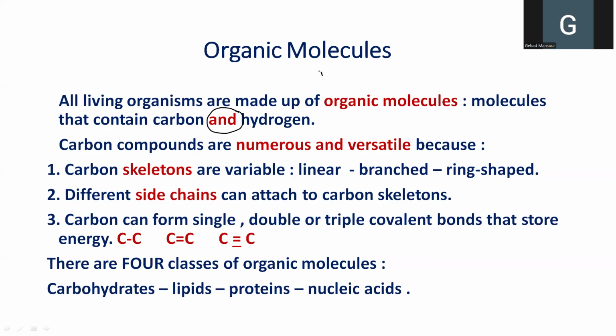For example, methane gas, CH4, contains both carbon and hydrogen. This is methane, and it doesn't contain any other atoms, but an organic molecule might contain carbon and hydrogen plus or minus other atoms. For example, glucose, C6H12O6.